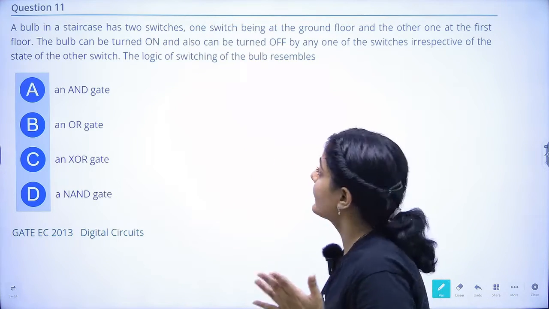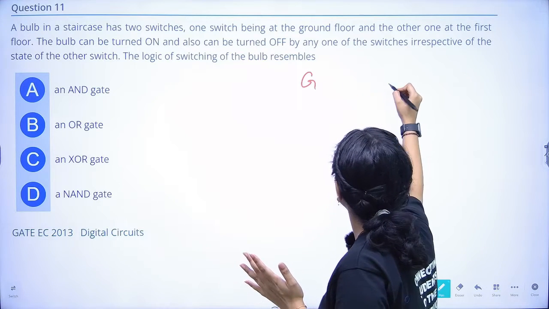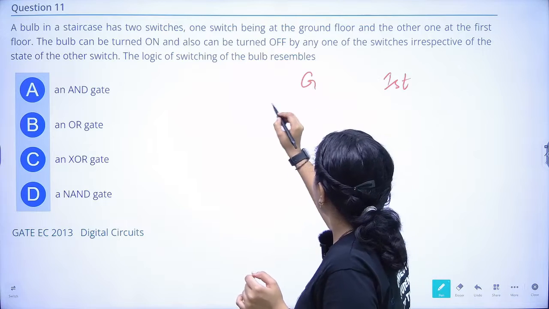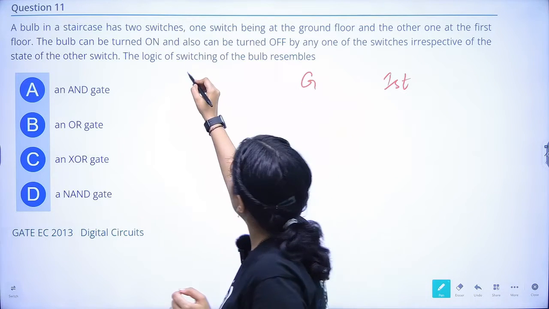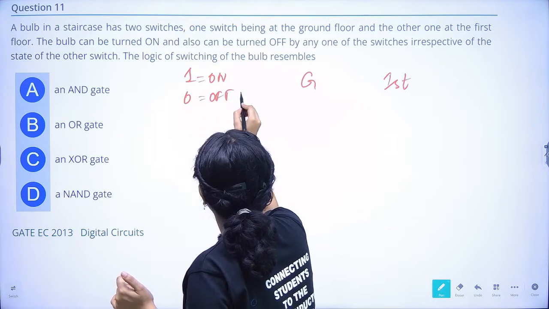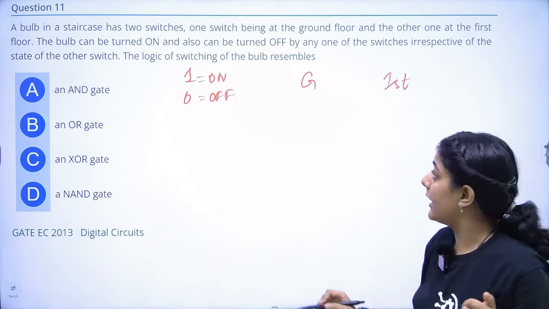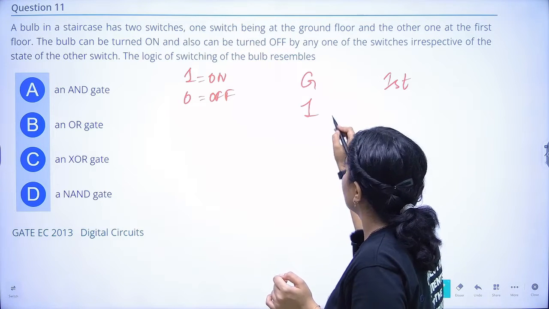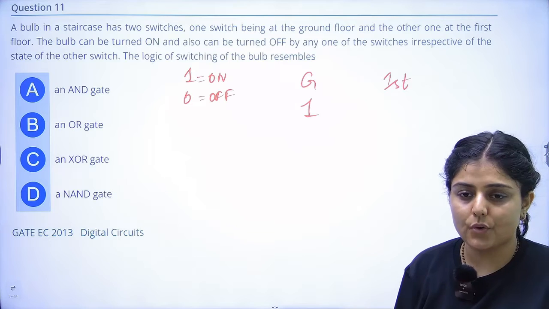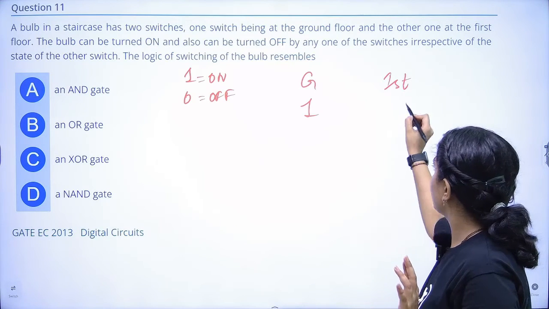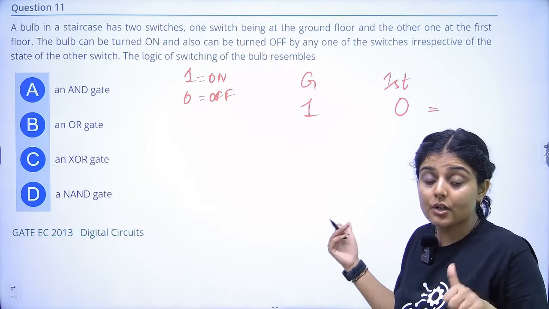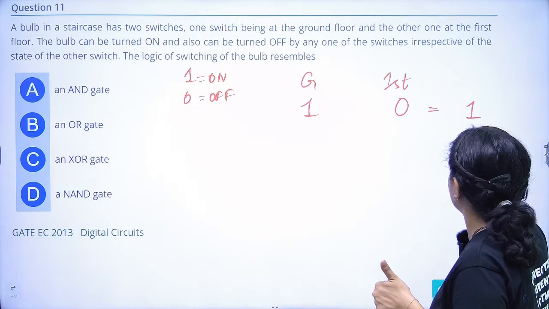So what the question is saying is that there are two floors, ground and first. Suppose I am saying that I am at the ground floor and 1 means on and 0 means off. Suppose I am at the ground floor and I turned on the switch, and now another person at the first floor needs to switch it off, so this logic should give the result as 1.